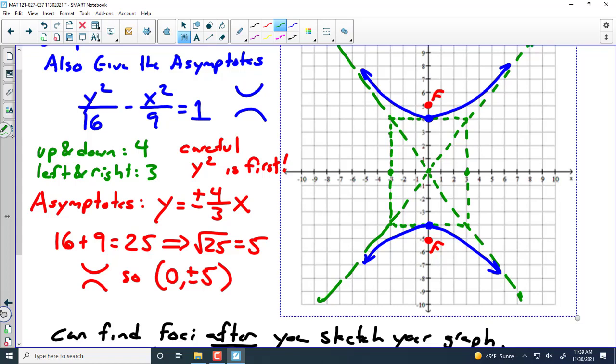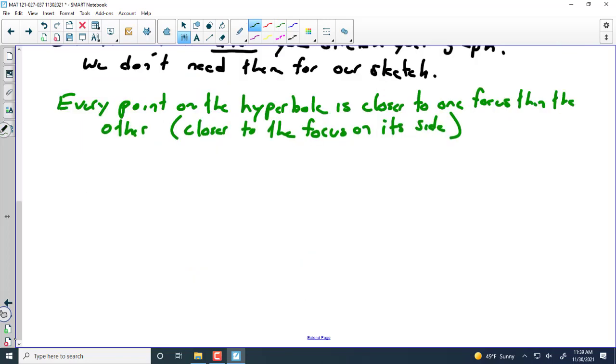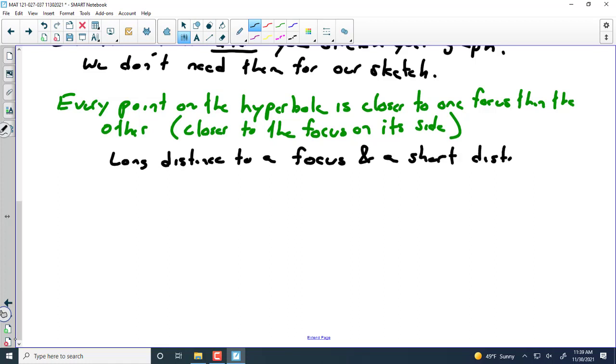That means you have a long distance to a focus, and a short distance to a focus.